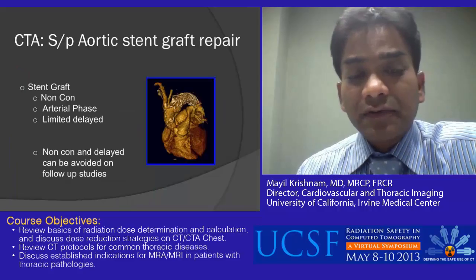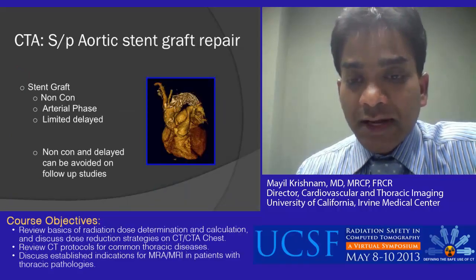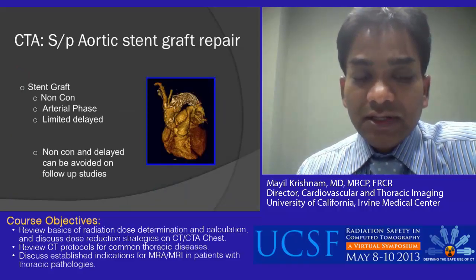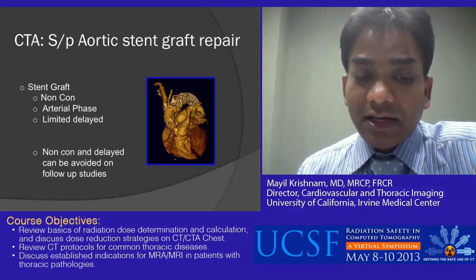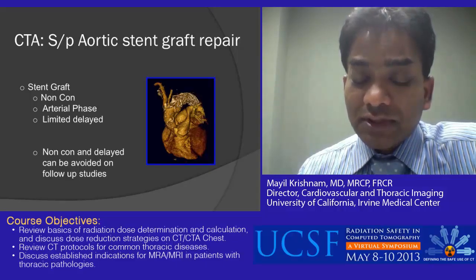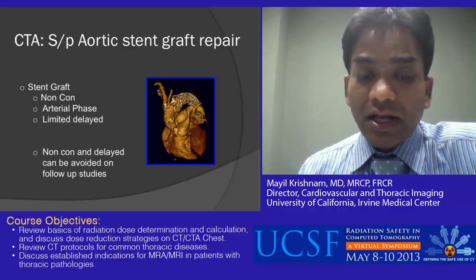Next slide. For status post aortic stent graft repair, we need at the beginning post-operative period or a first follow-up scan, a non-con and arterial phase, and then a delayed phase can be used, which can be limited to the stent, and some centers may not use the delayed scan.